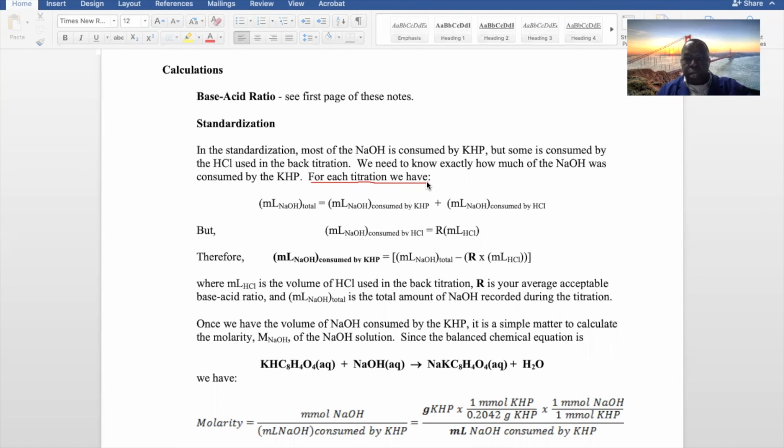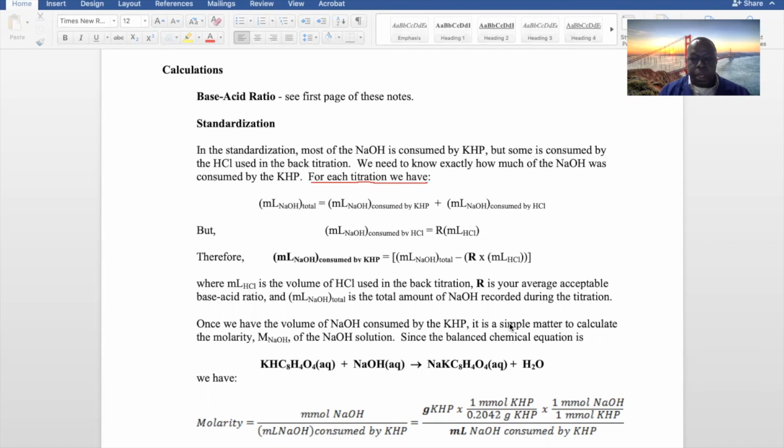You over titrate. If it is phenolphthalein, pink, you bring it back to colorless. How many ml of HCl did you use? And then you use this equation. From there, you should have the molarity of NaOH. That is it.